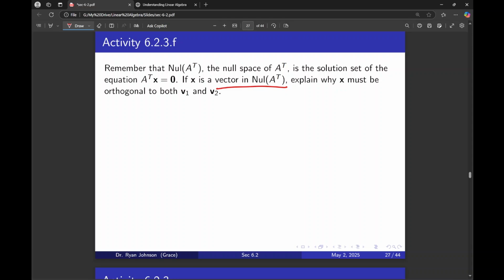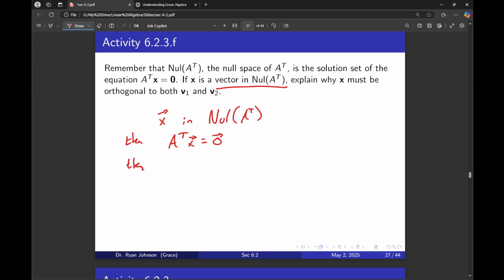Let's talk through this one. Okay? So if X is in the null space of A transpose, then what does that mean? That means A transpose X equals 0, right?